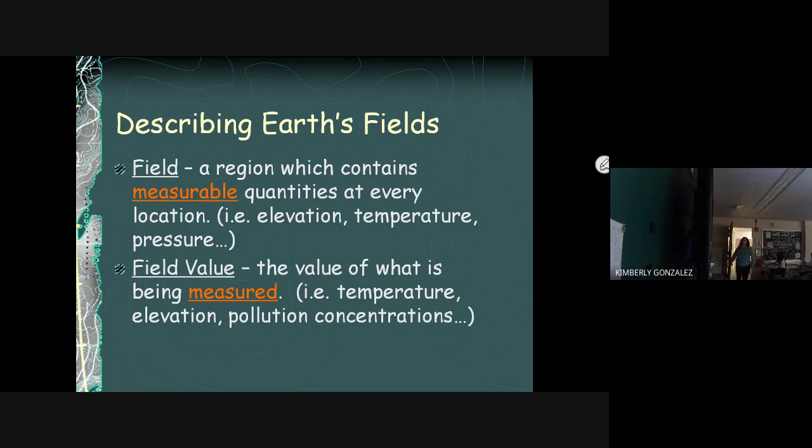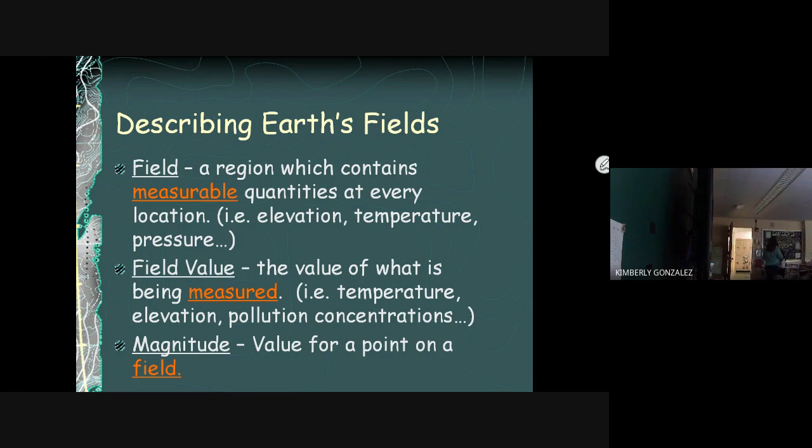So you'll have the field, which is the area where you're measuring the quantity. The field value, which is the thing that's being measured. And then you have the magnitude, which is the actual value.